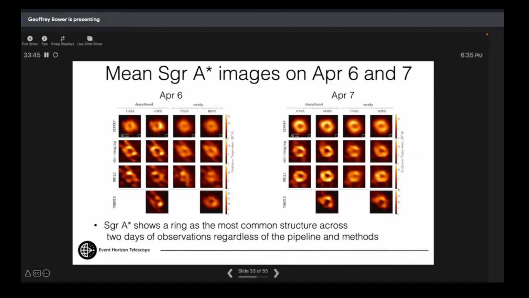So here are some of the images that we made, and I won't go into all the details, but the key point here is that we used a really wide variety of methods. We considered with scattering and without scattering, and we have 2 different days. And all of this comes up very consistent with a ring of about 50 microarcseconds in diameter.